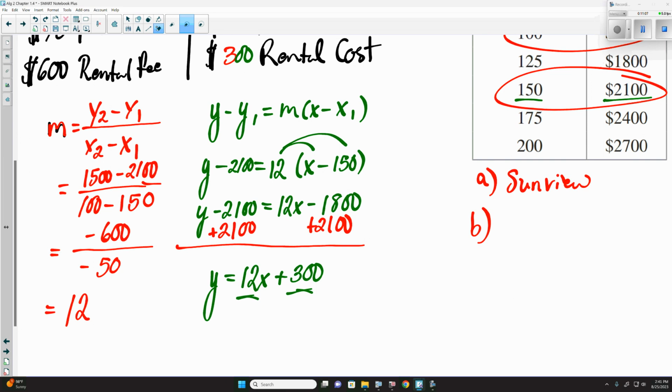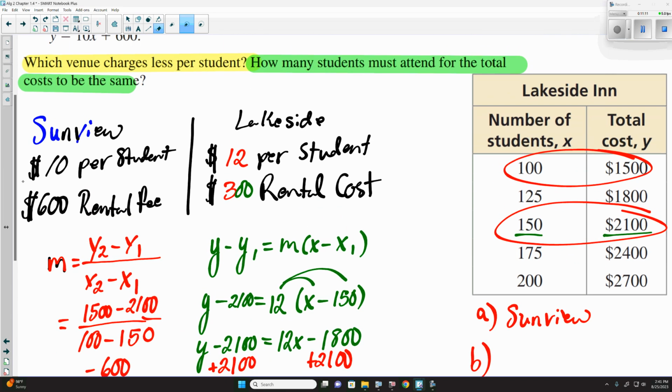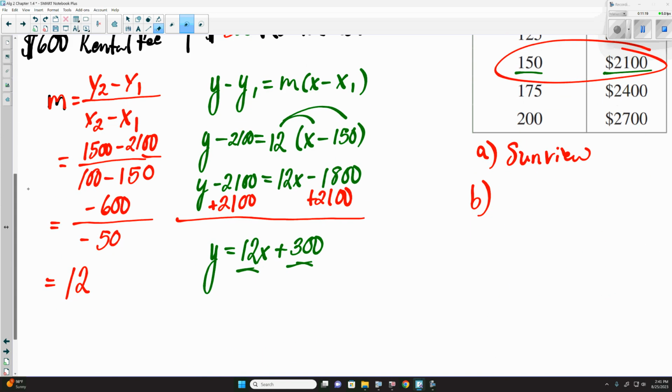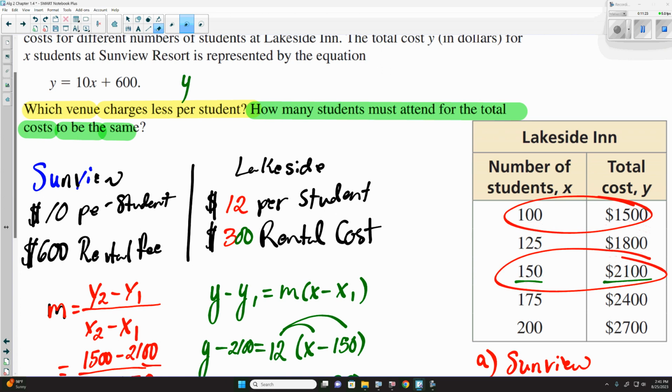We can see that, but what they want to know is how many students must attend for the total cost to be the same? Well, I'm going to write this back up here so we can see this here.